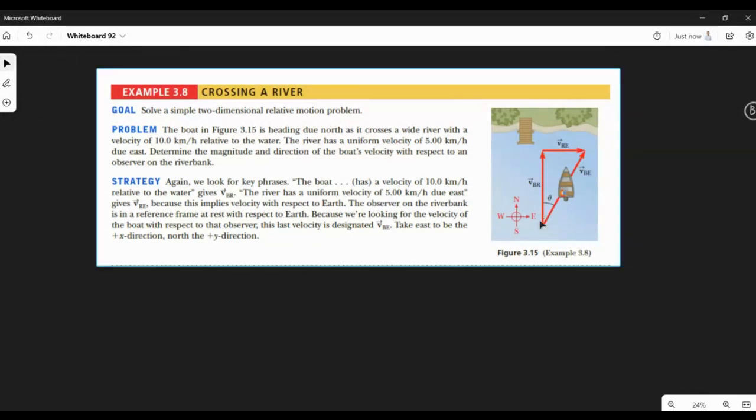So the boat's going straight, and the river is pushing that way. They're asking us to determine the magnitude and direction of the boat's velocity with respect to the observer on the river bank. We are standing over here, and we'll see how the boat is actually moving. The boat is trying to go from south to north, but the river is pushing east, so we're going to see the boat moving at a particular angle.